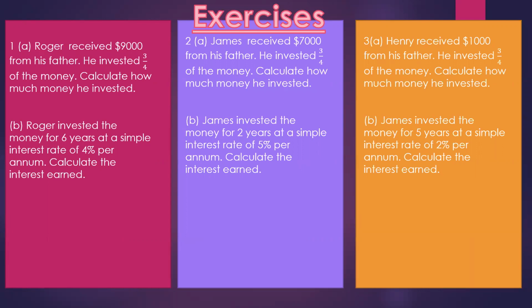Moesha, I am number 2A. That's good. And Noel, 3A. Do you understand what to do?